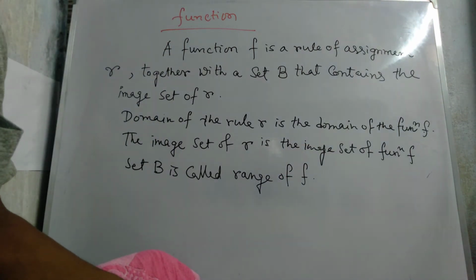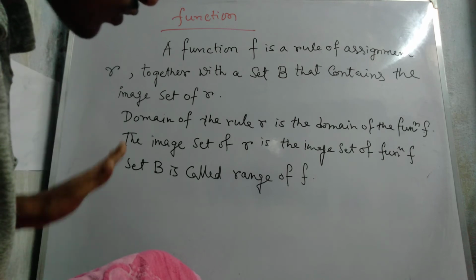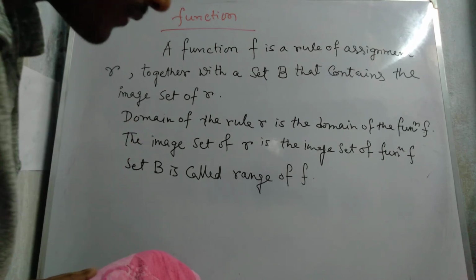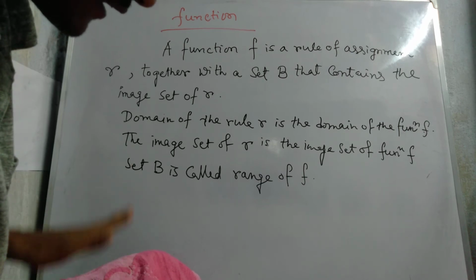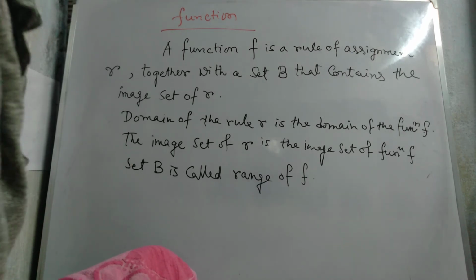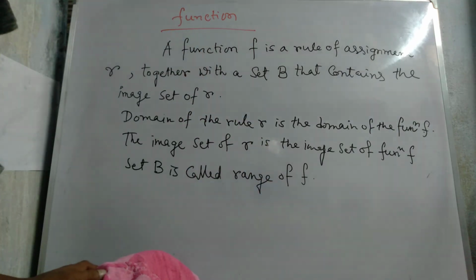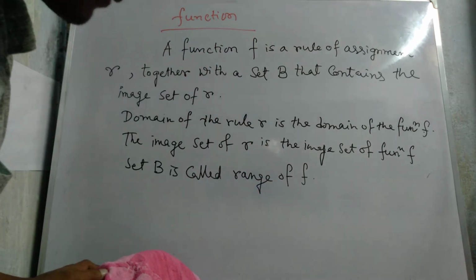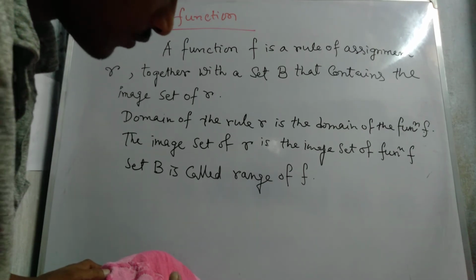A function f is a rule of assignment, which follows all conditions of a rule of assignment, together with a set B that contains the image set of R. That means B is a superset of the image set of R, and B is the range of f.